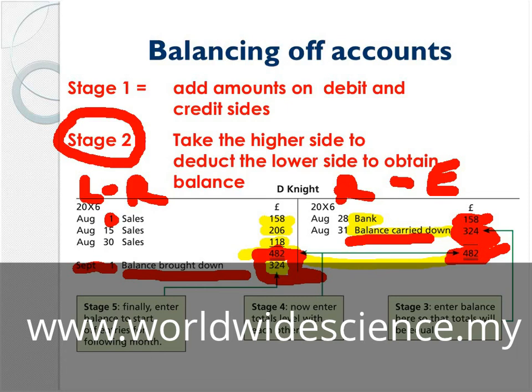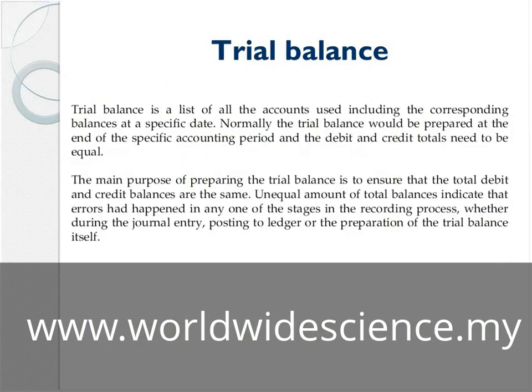What is a trial balance actually? The trial balance is a list of all accounts used, including the corresponding balances at a specific date. Normally, the trial balance should be prepared at the end of the specific accounting period. The debit and credit totals need to be equal, right?